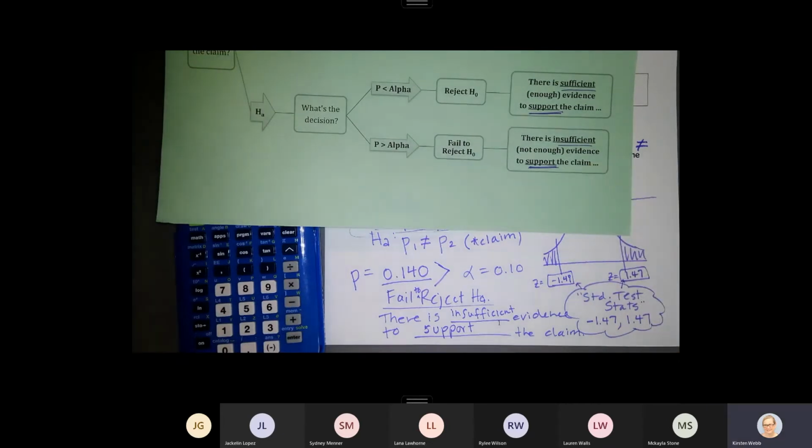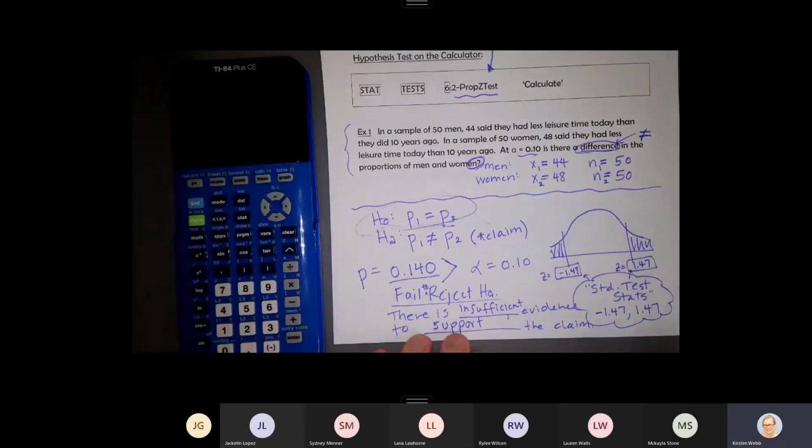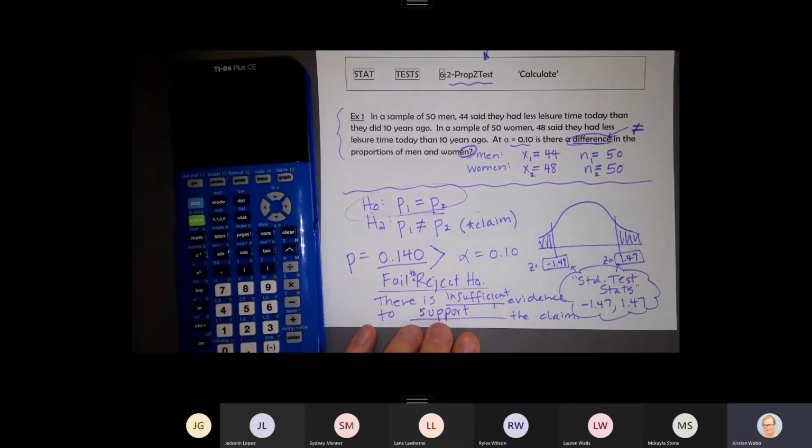Anything we could help out with that first example of a 2-prop Z test? Well, let's take a second and see. In the end, did we decide that these proportions are the same or are different? Let's see.